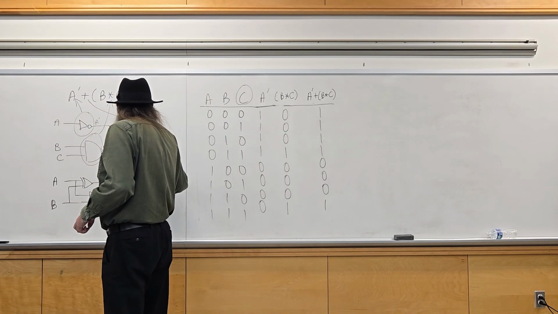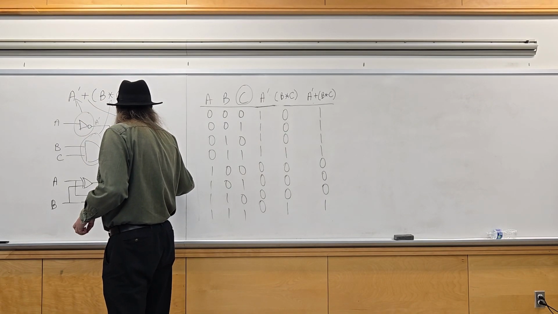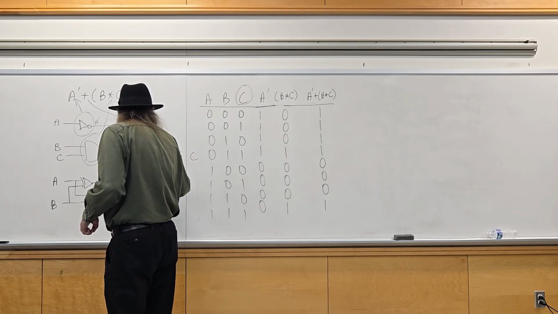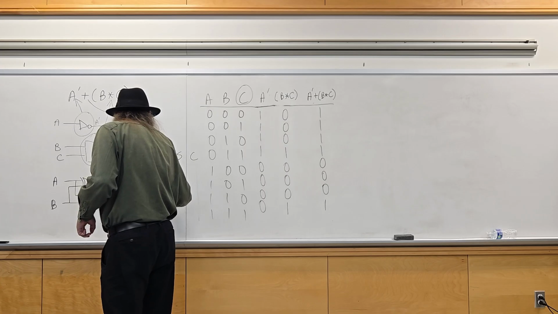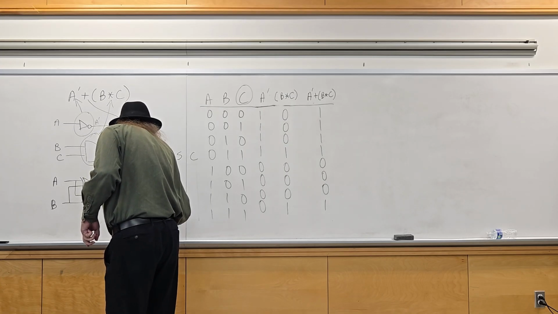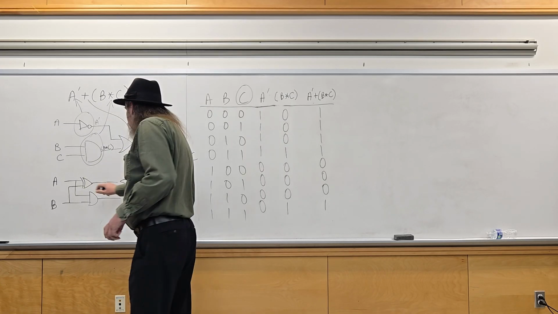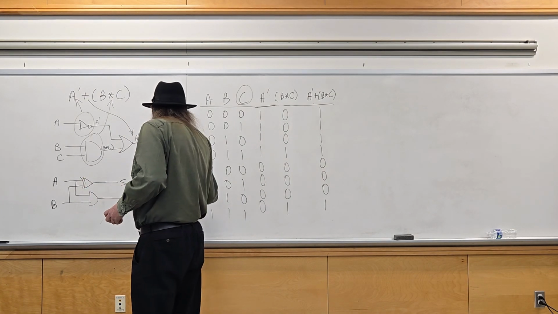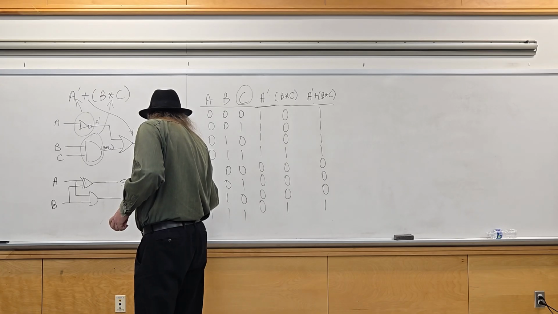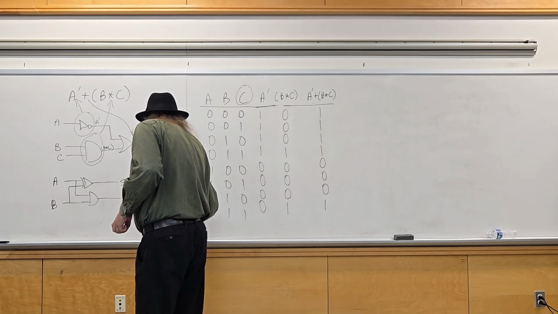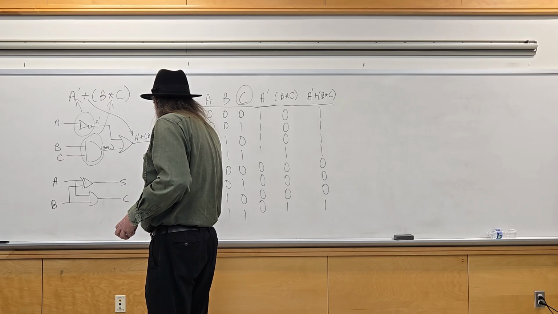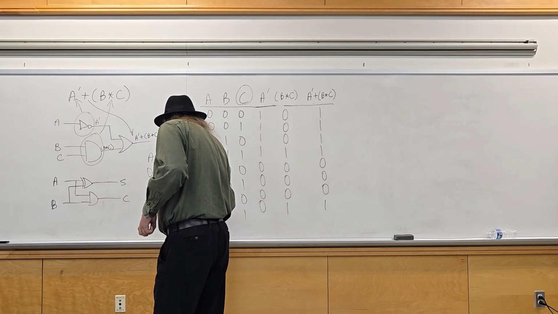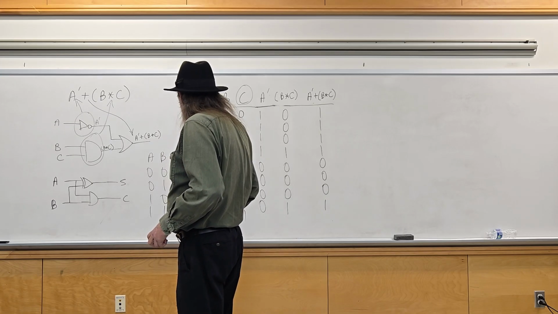So the state table would be... this symbol I haven't introduced you to yet. It's called the exclusive OR. But it has a output of this, and the carry is simple AND.